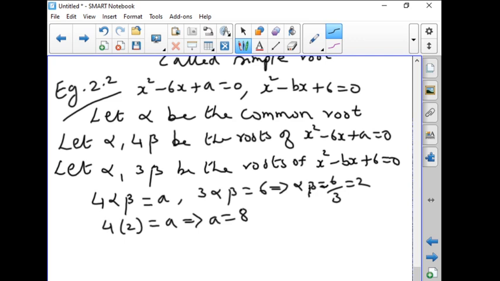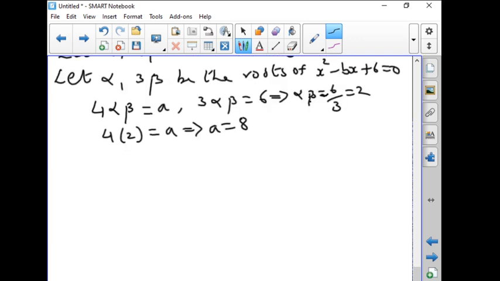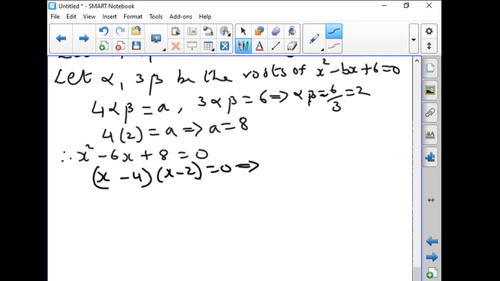Now what about the first one? Therefore we get x square minus 6x plus 8 is equal to 0. So when you factorize, what is it? x minus 4 into x minus 2 is equal to 0. So from this we get x is equal to 4 and 2. So 2 and 4 are the roots.